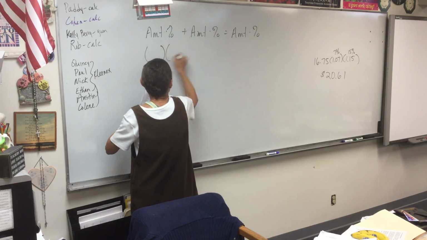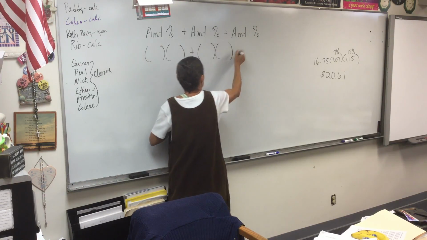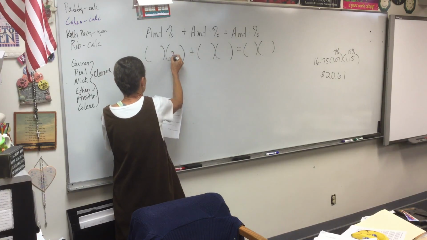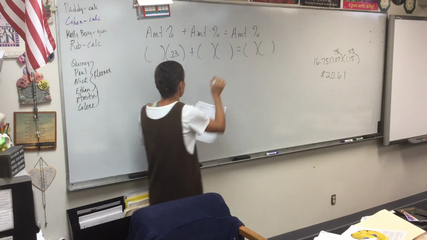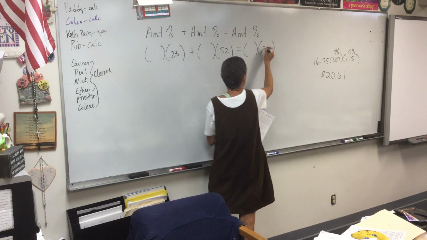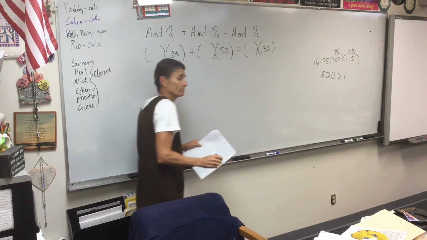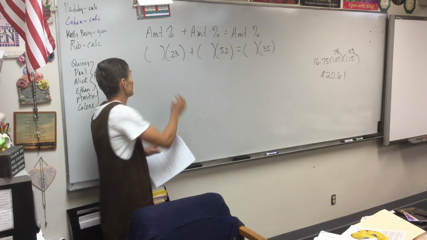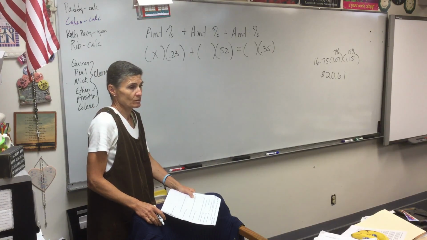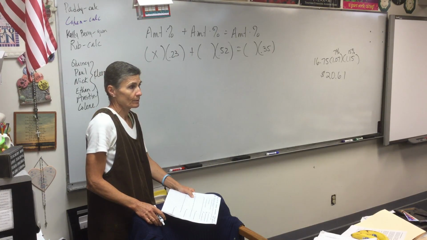All right, so I got my 6 numbers I'm going to multiply and add. I got a 0.23, a 0.52, and a 0.35. This is X. How much? 23%. So I'm going to put X there.